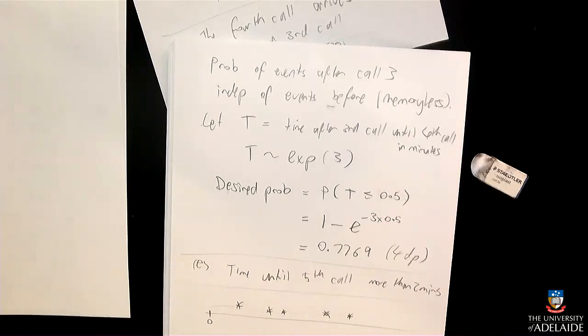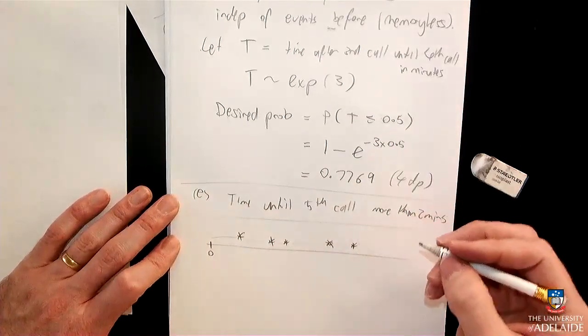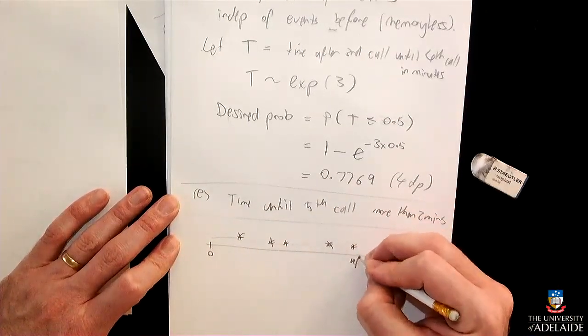Or we could say that in order for the 5th call to happen after 2 minutes, we have to have less than or equal to 4 calls in the first 2 minutes. So we could focus on the time between them or focus on the space of time that we're interested in. So we could say we want this to be after.